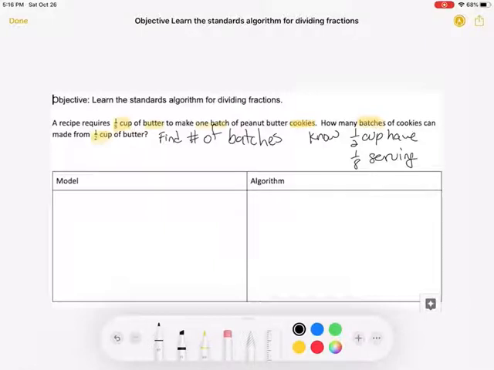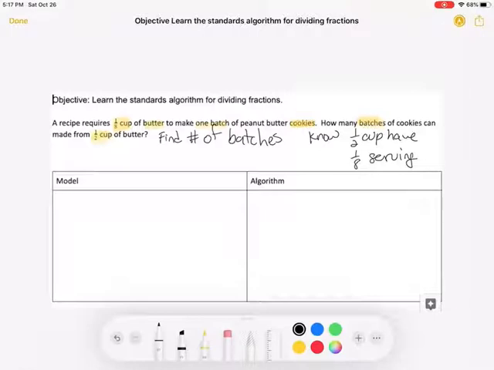If we think about the two types of measurement, we're not using the sharing model. We're not sharing among things. Instead, we're using the measurement model. How many of something fit into something else? Let's go ahead and write our problem here. We want to ask ourselves, are we trying to figure out how many 1/8 cups fit into a half, or how many halves fit into 1/8?